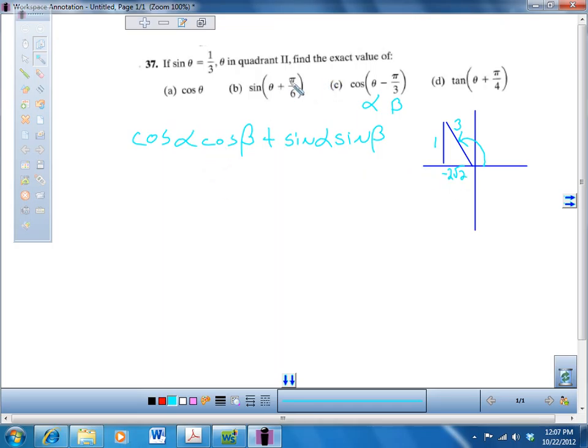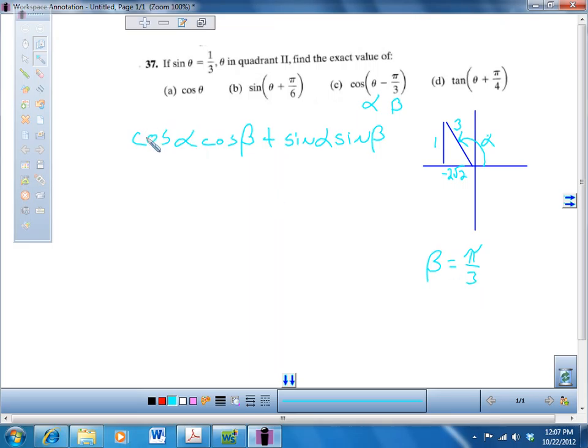And then this is your alpha angle, and your beta angle in this case is pi over 3.